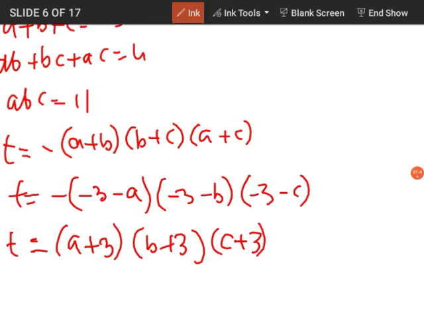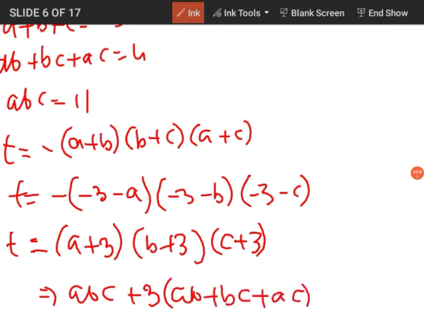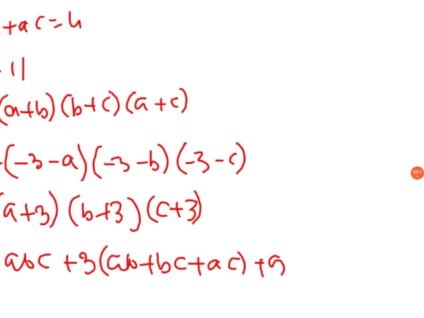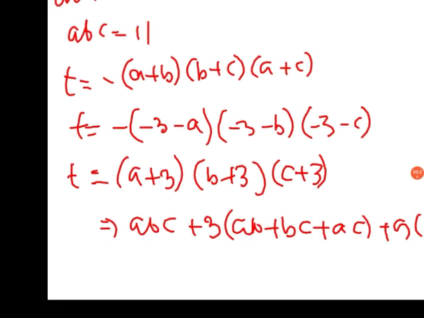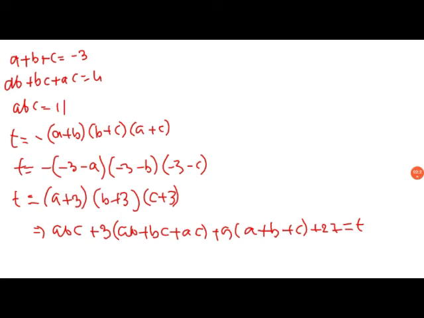Now you have to just expand it. If you expand it, this will be abc plus 3 multiplied by ab plus bc plus ac, plus 9 multiplied by a plus b plus c, plus 27 is equal to t, correct? This is your final expression if you expand it.